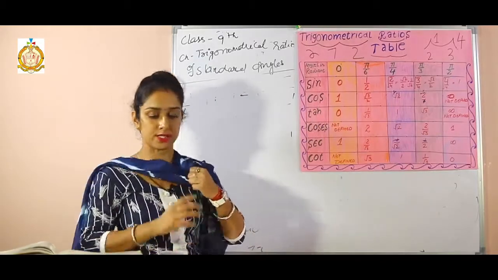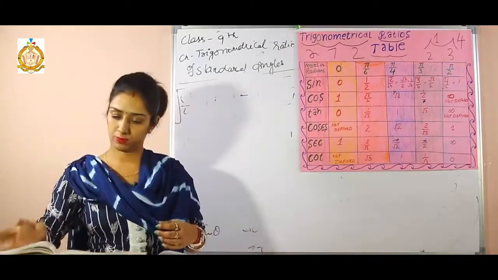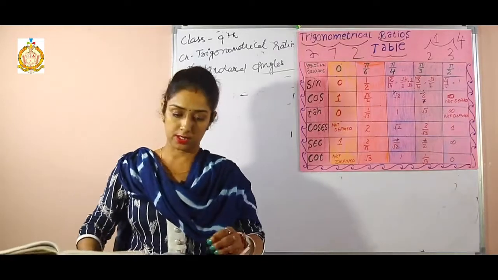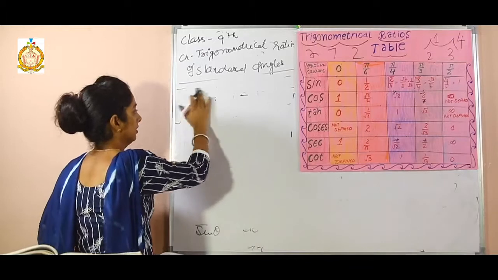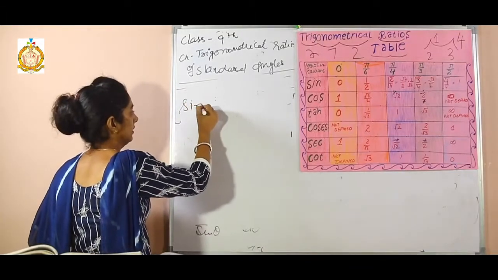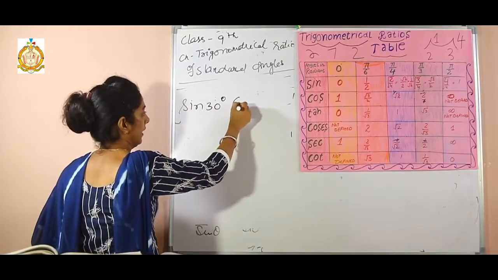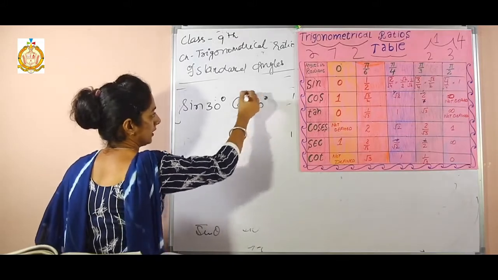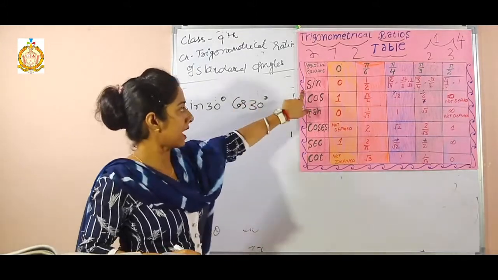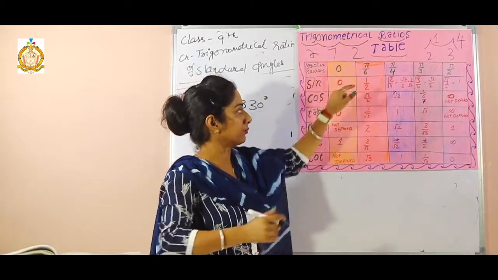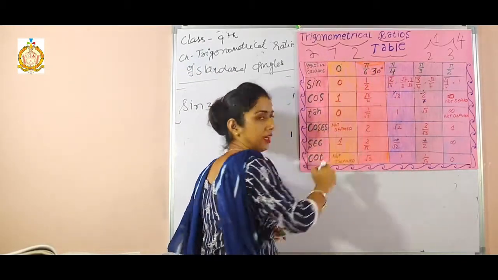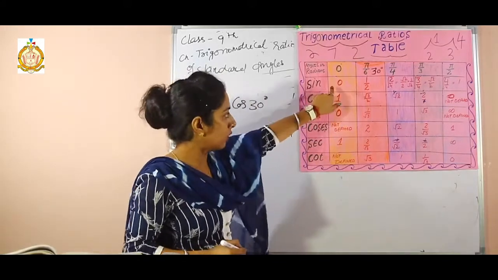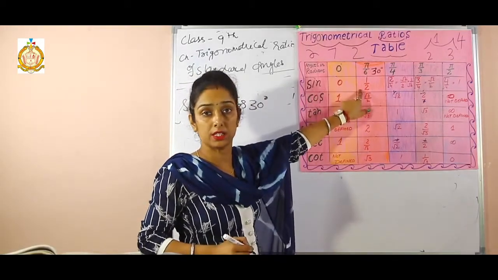Now see students, in this exercise, there is a first question. Find the value of sine 30 degree and cos 30 degree. Now we have to find the value of sine 30 degree.